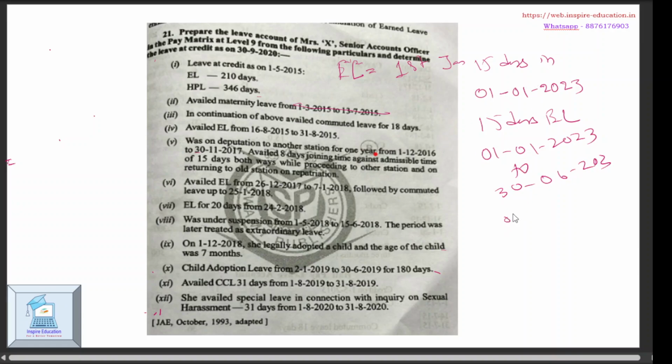Then on 1st July, again 15 days will be credited in advance for the period from 1st July to 31st December. So 15 days are credited well in advance.